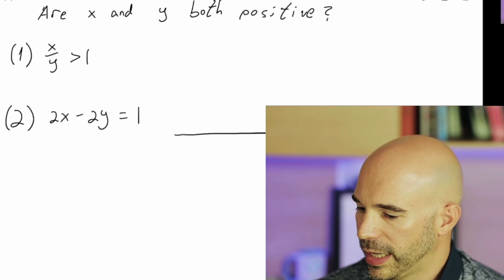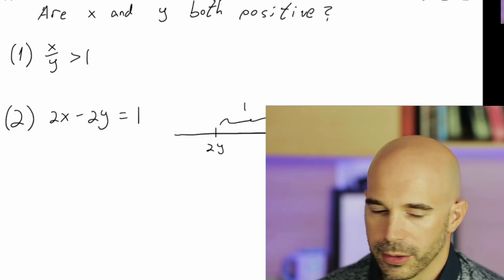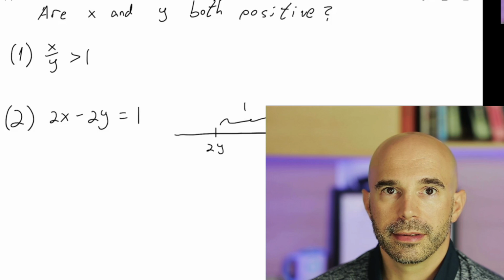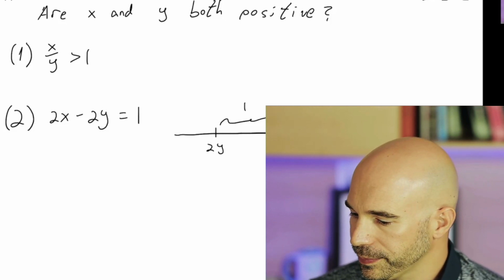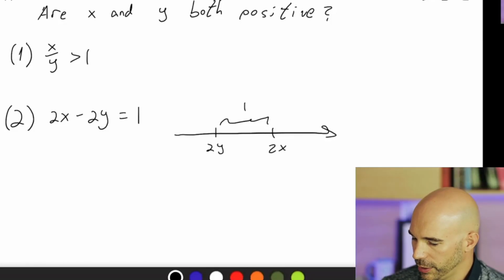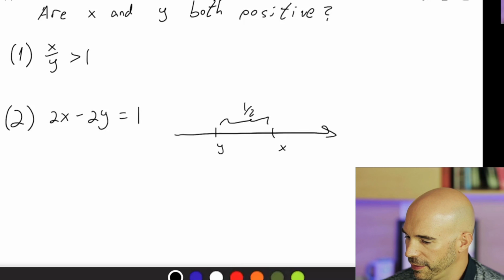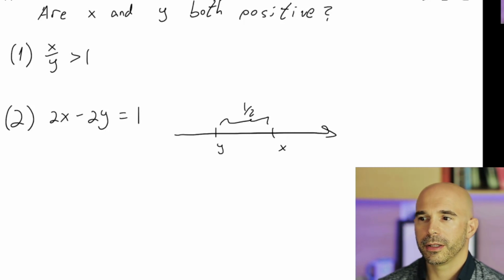In fact, we know exactly how far apart they are as well. The distance between them is 1, according to statement 2. And if you were to reduce that equation by a factor of 2, you could get rid of the 2 here and 2 here and say the distance between them is half a unit. They're half a unit apart from one another on the number line.